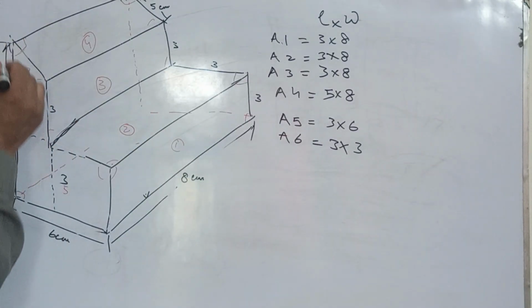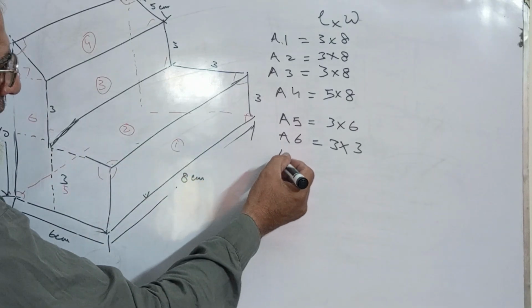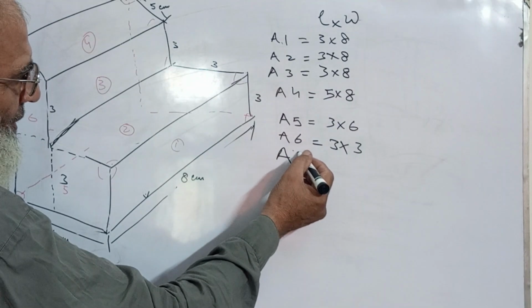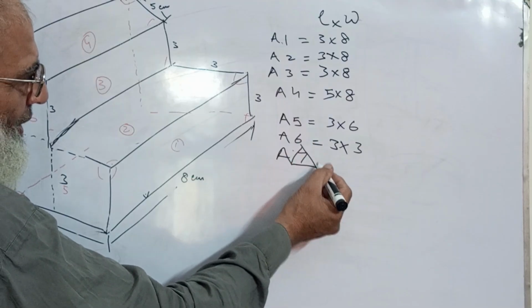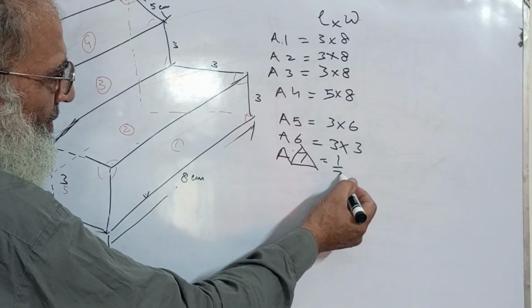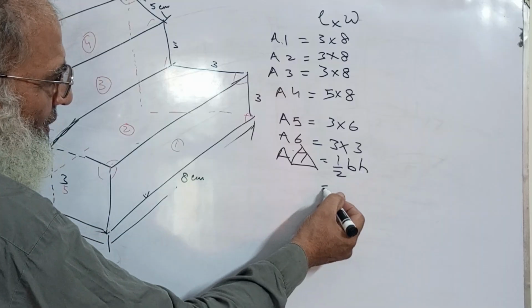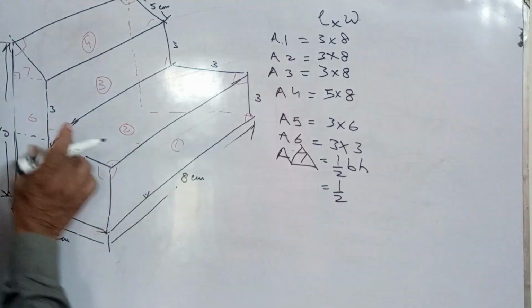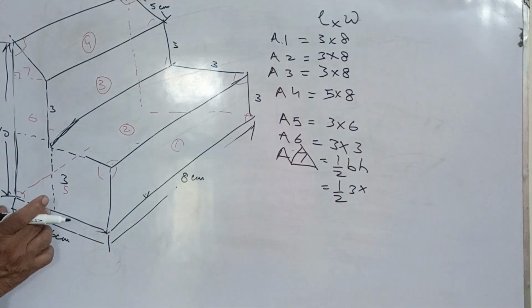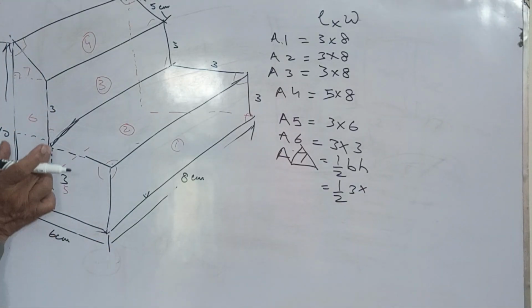This is a triangle. A of triangle, which is 7. The rest are all rectangles. So half base into height. Now this is half into base is 3, and height is 4. You see that 3 is going upward.